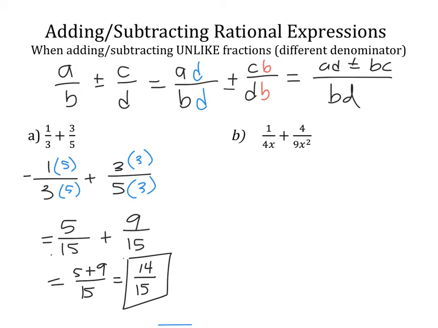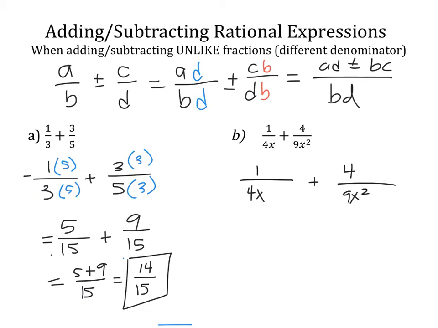When we have variables, there are two ways to do this. You can either multiply all these numbers together, or I might just find the LCD. So I want my denominator to have at least a 4, a 9, and 2 x's. So again, I want to see how I'm going to manipulate this first one and how I'm going to manipulate this second one.